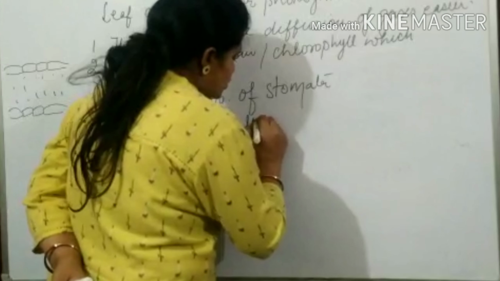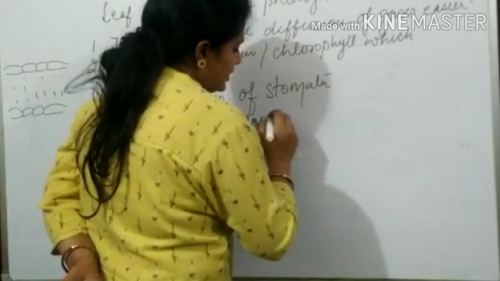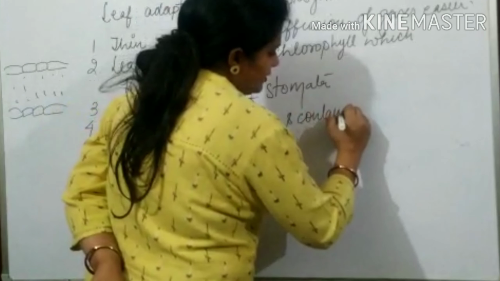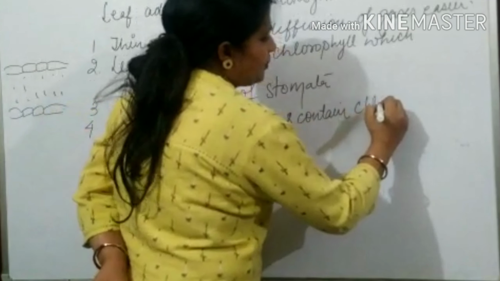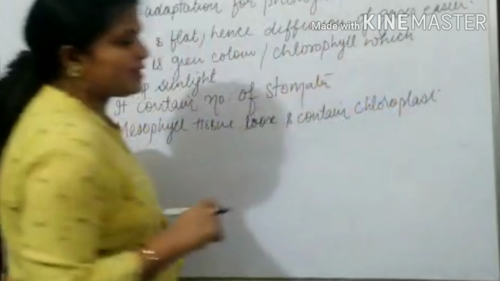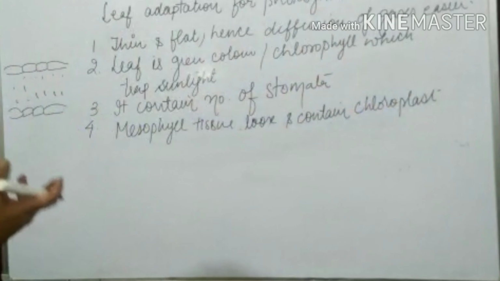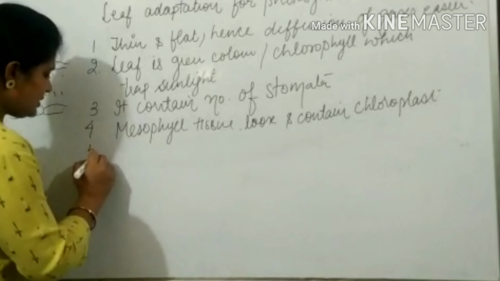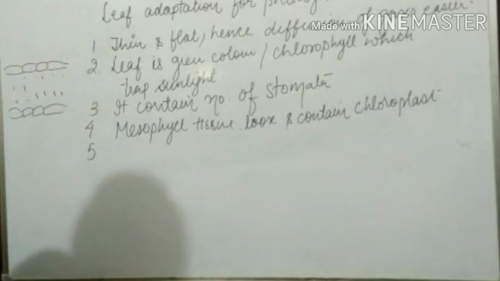Mesophyll tissue is loose and contains chloroplast, where exchange of gases is possible because of its loose nature. It contains chloroplast which can trap sunlight, so that also happens easily. And the last point is thin and flat, leaf is green color.